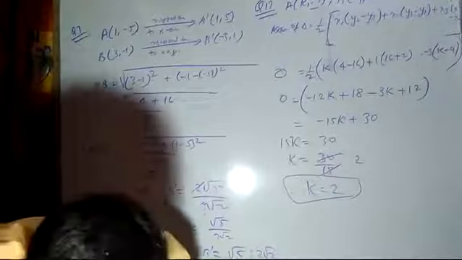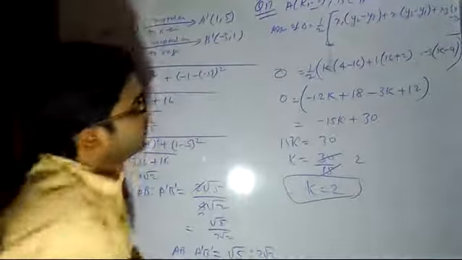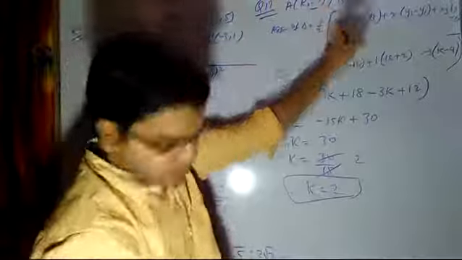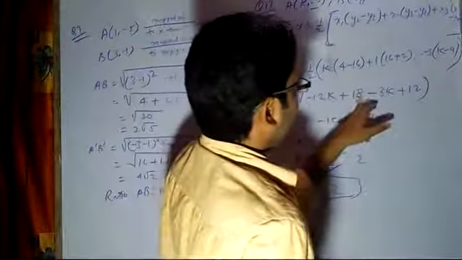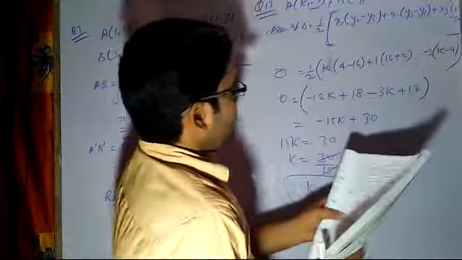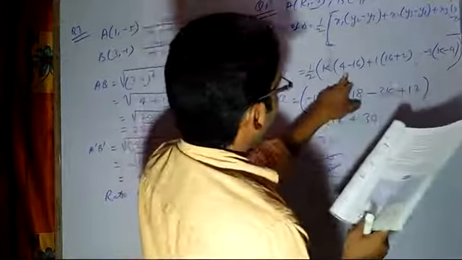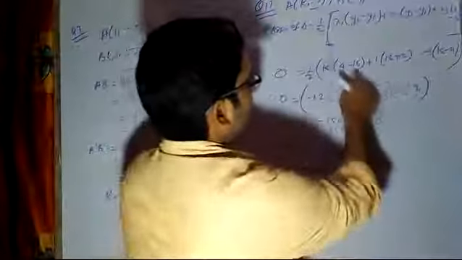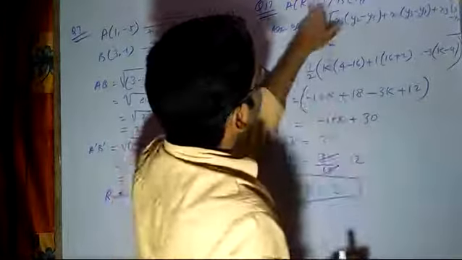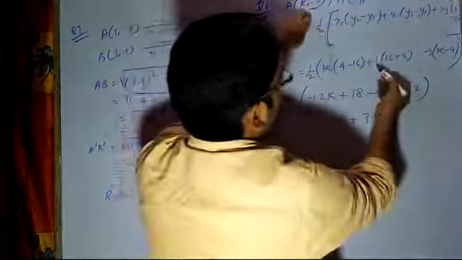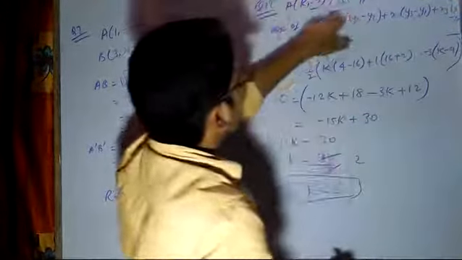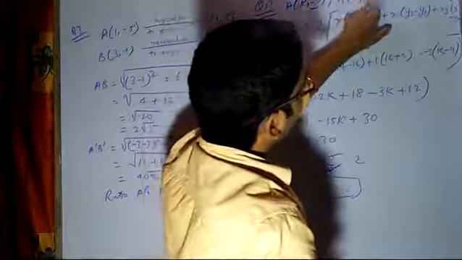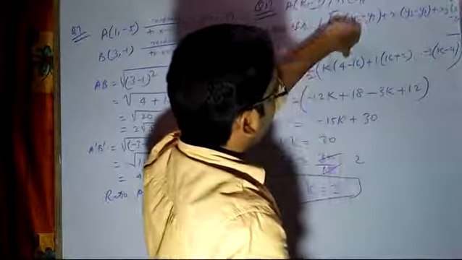K is equal to 2 I am getting, but the answer is 3. Let me check the values. K minus 2, where I have done the mistake. K, 1 minus 3, okay. Then we are having 4. 4 minus 16, that is minus 12.